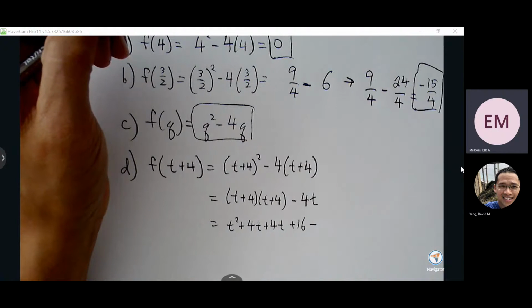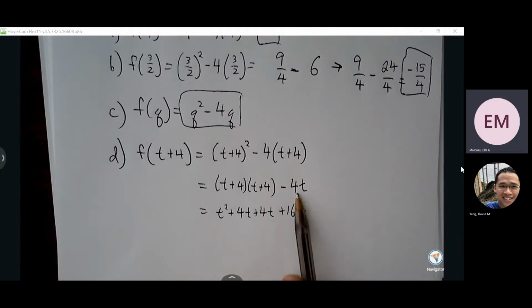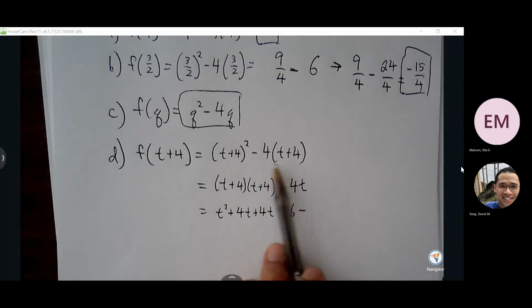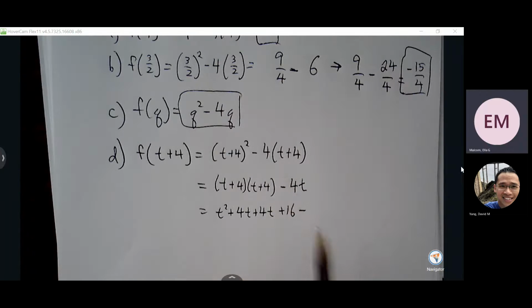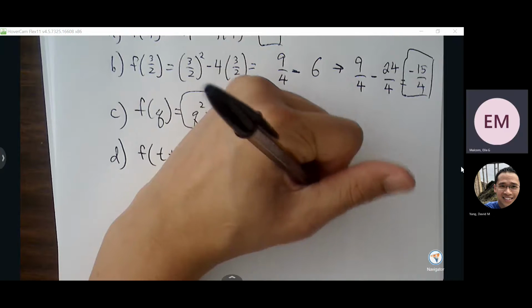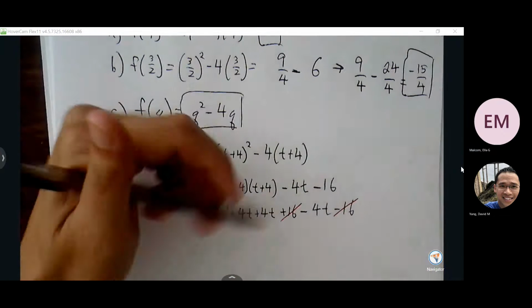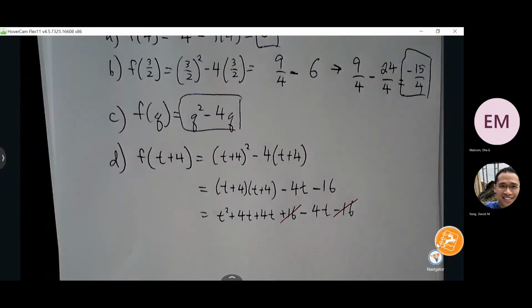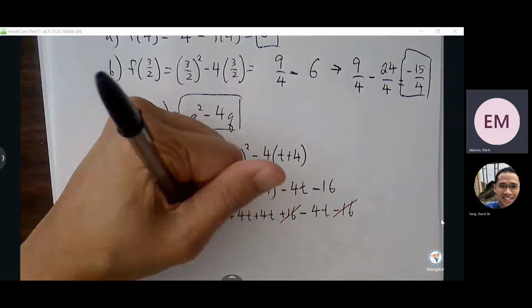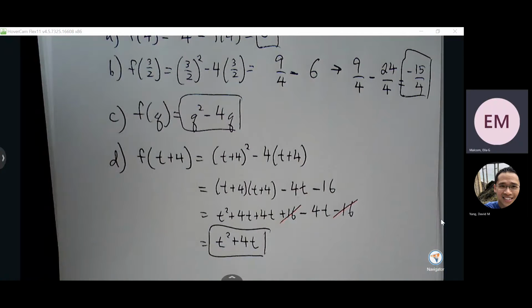What did you have here? I did minus 4t minus 16. Oh, our 16s can cancel. Oh, yeah, because they go to 0. Okay. So then that'd be just t squared plus 4t. Yeah.